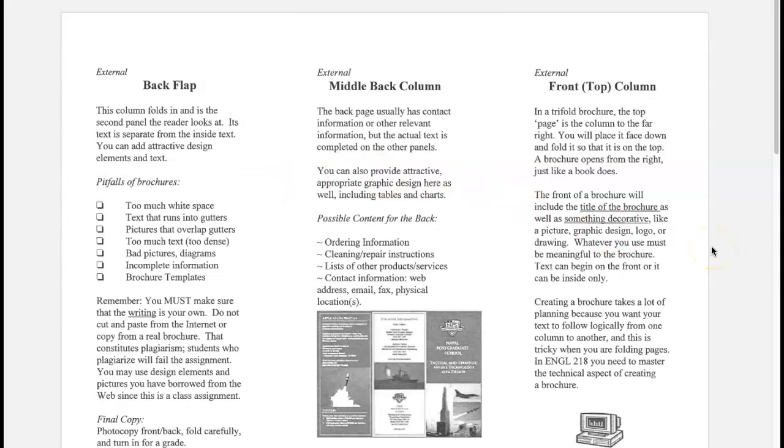Basically the main thing to remember is that the front of the brochure usually has a picture, and that draws attention. And then whenever they open the brochure, you want to make sure that the design is appealing, and you want to obviously start off with the most important information, or the information that you feel people would find the most interesting.